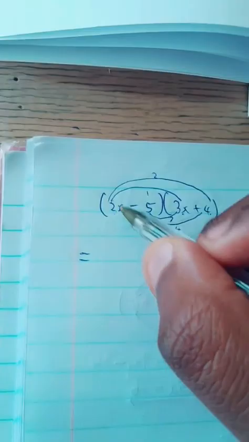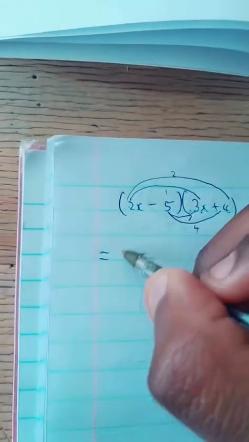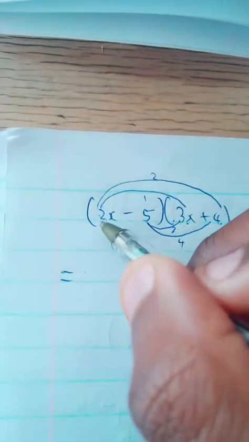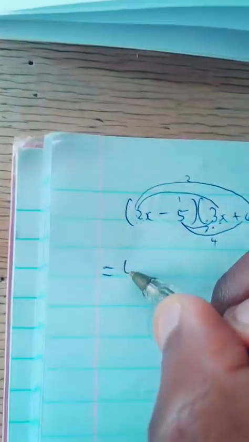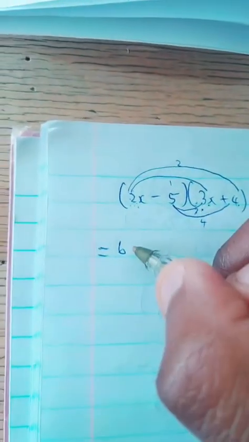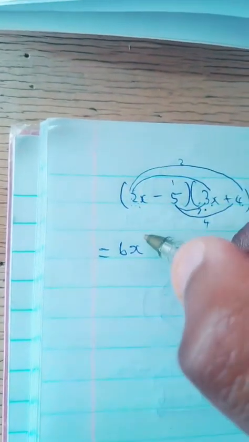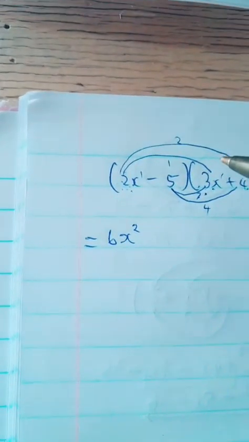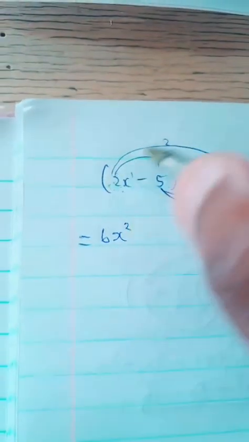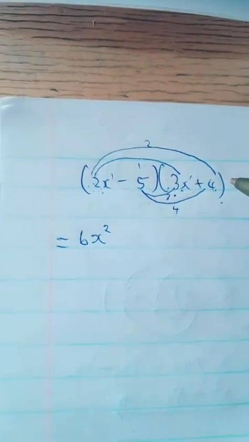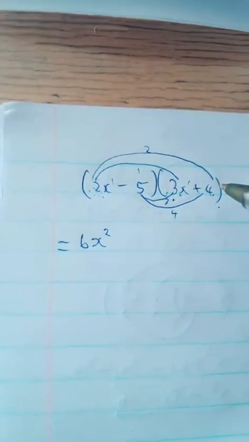So let's go. Signs and numbers first. 2x times 3x, positive times a positive, positive. Then number, 2 times 3, 6. Letter, x times x, we keep the base, we add the exponents. So 1 and 1 gives us x squared. What if both were negative? Then you would say negative times a negative is positive.